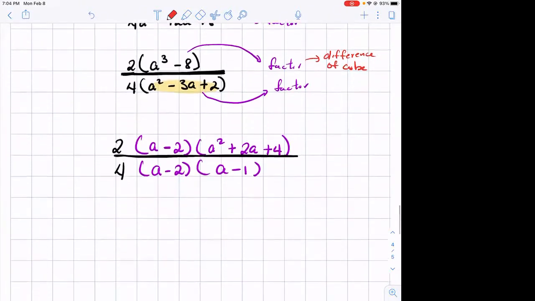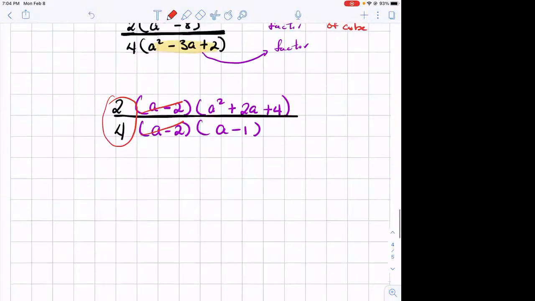Now if you look here, this is exactly the same as that. And also 2 and 4 can be simplified. If you divide the top by 2 and the bottom by 2, 2 over 4 is the same as 1 over 2.